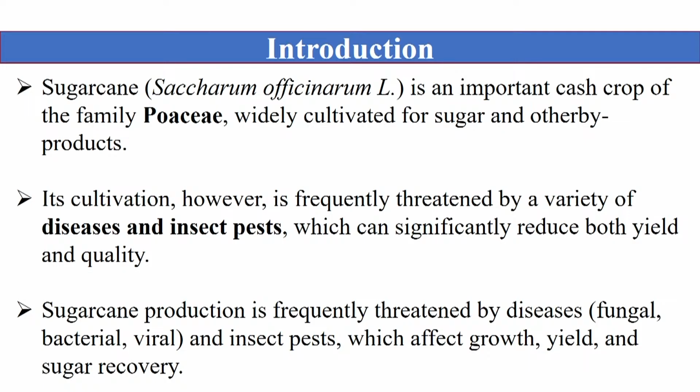Sugarcane production is frequently threatened by many biotic factors like bacteria, fungi, viruses and insect pests, which affect the growth and yield of sugarcane.